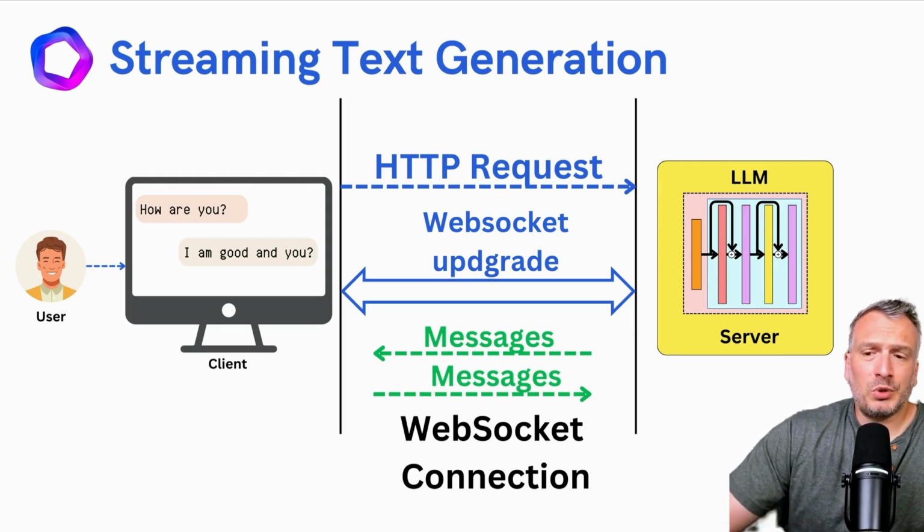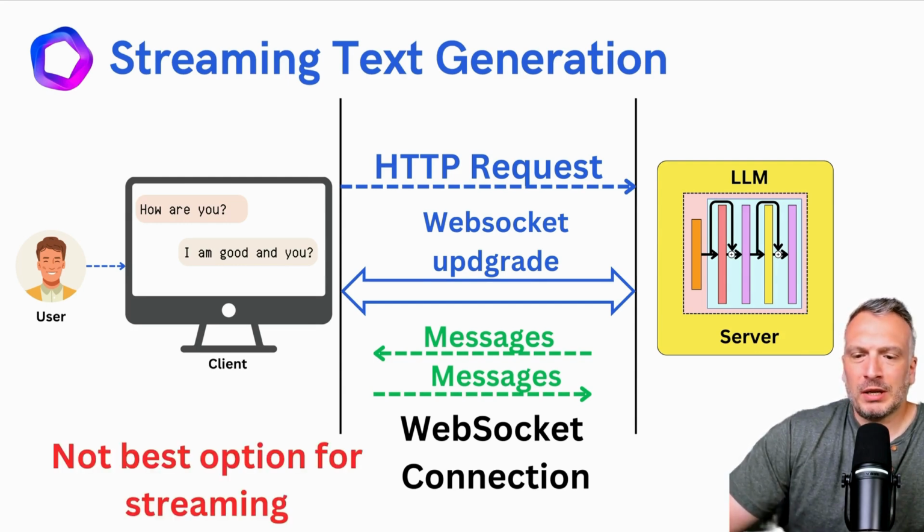For example, if you have two users talking to each other, it might be good to use a WebSocket connection because messages can be sent at any point in time by the two different users, and you don't need to wait for a request to get a response from another user. But in the case of an LLM, you have a response when you have a request from the user. Typically, that's what happens. So a WebSocket connection may not be the best option when it comes to streaming capability.